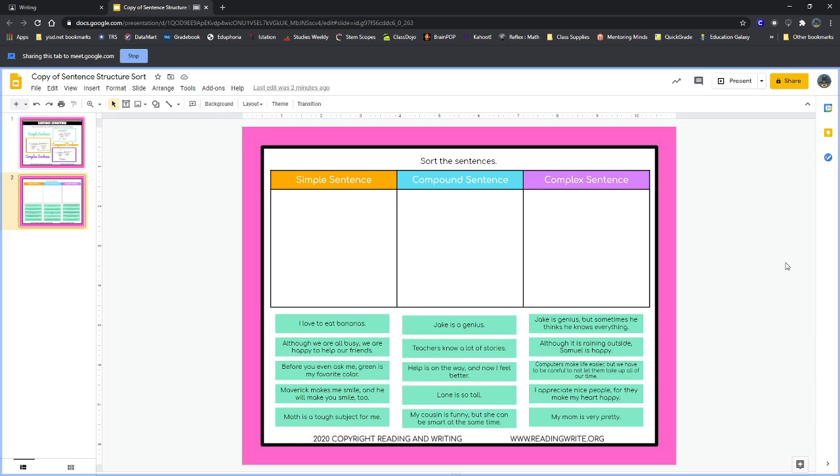So if we use our question for today, we could say, I would choose one big present. That's a simple sentence. Not a lot of description, just a subject and a predicate.